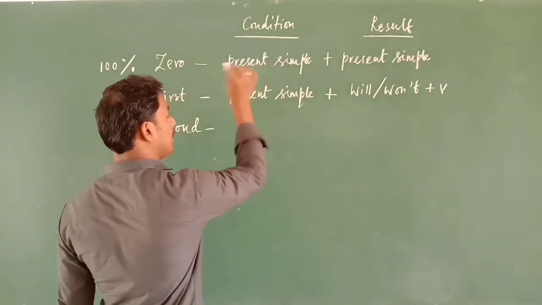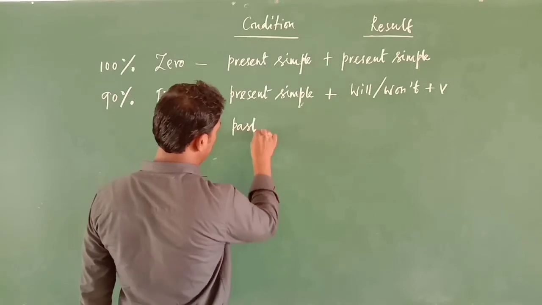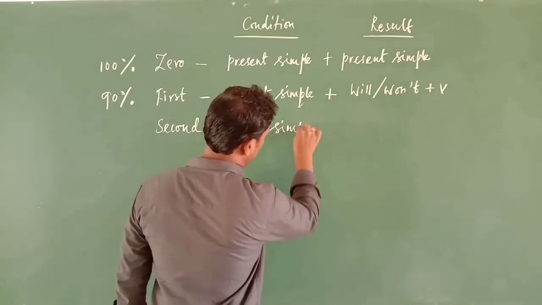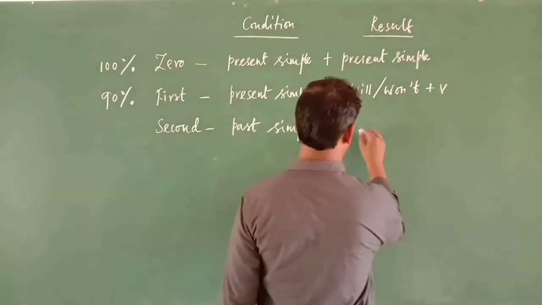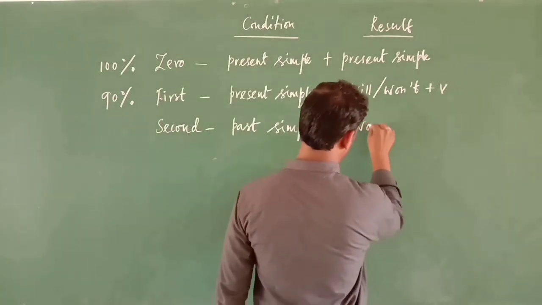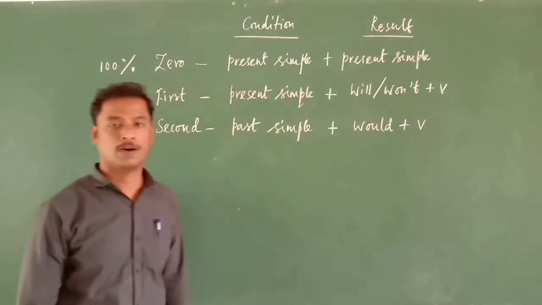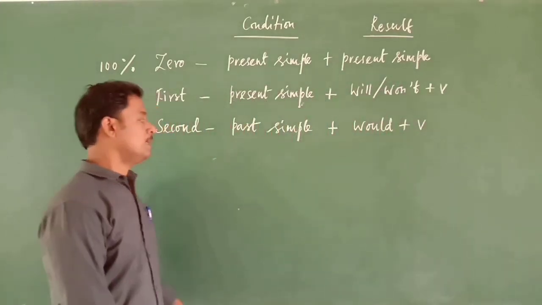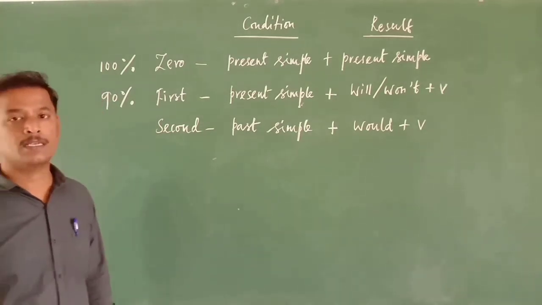The tense form applied in the condition is past simple and the result has would plus verb, that is the base form or verb 1. Okay, what type of ideas should be written in the second conditional?